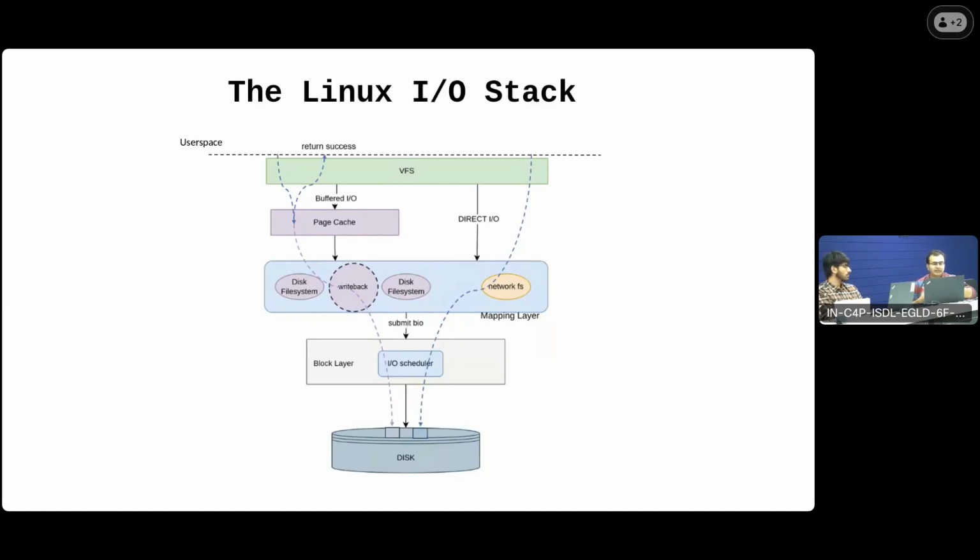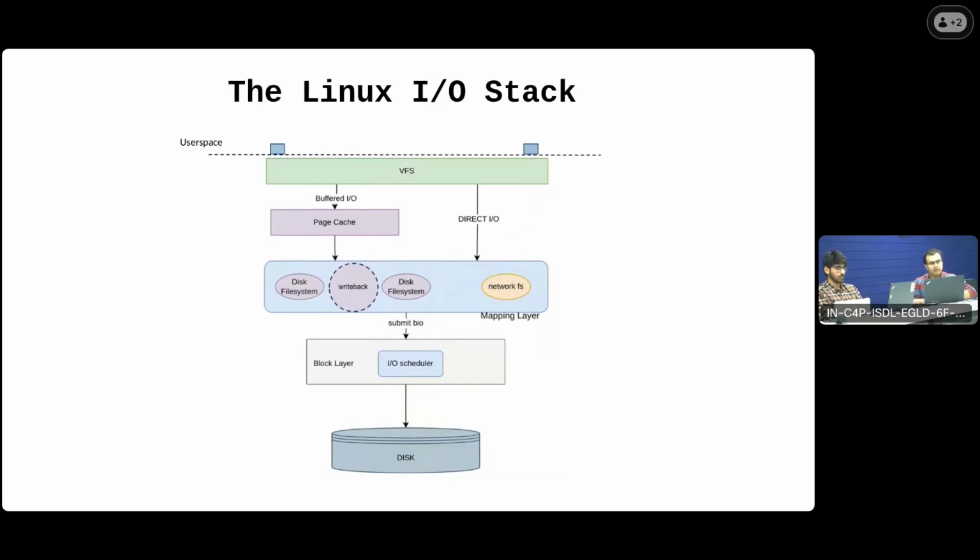For example, you have VFS. When you submit a write request from user space, you first use, say, a write call or a pwrite call. It comes to VFS, then you have your file systems, then the block layer, the device driver, and then eventually your disk.